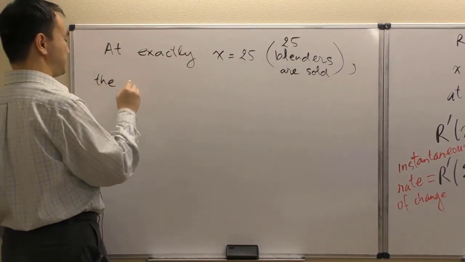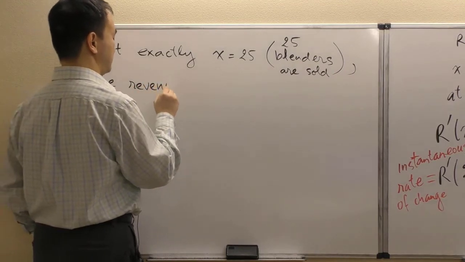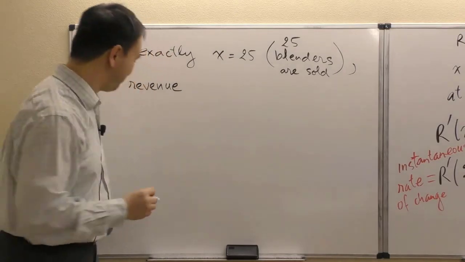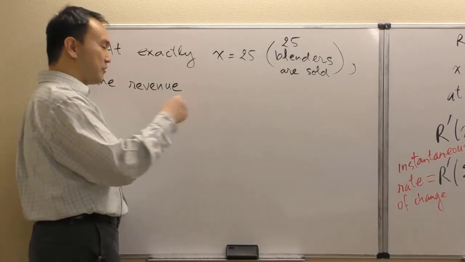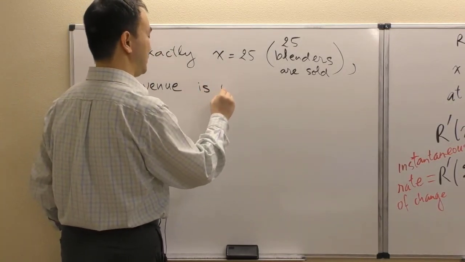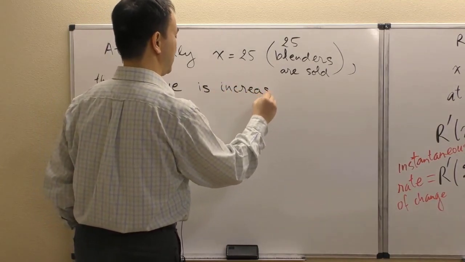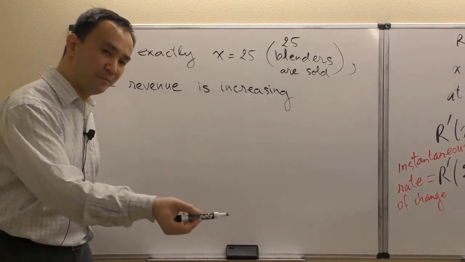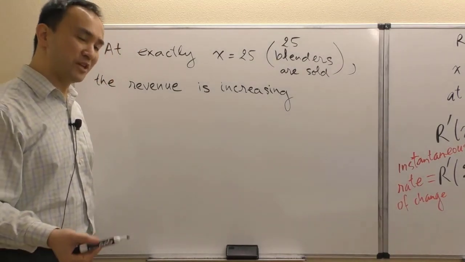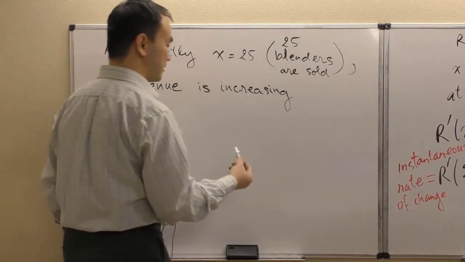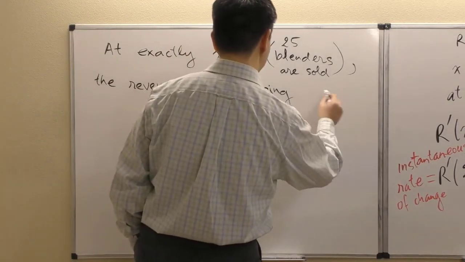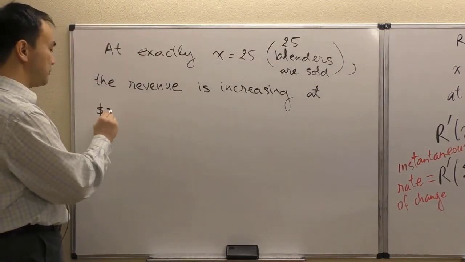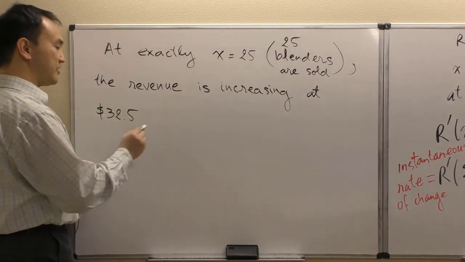The revenue: we had a positive rate of change value. So that means the revenue here is increasing. Okay, so we're increasing our revenue when we're selling that particular number of units right there. So we have an increment in our revenue, and how fast is it increasing? At $32.50 per blender.